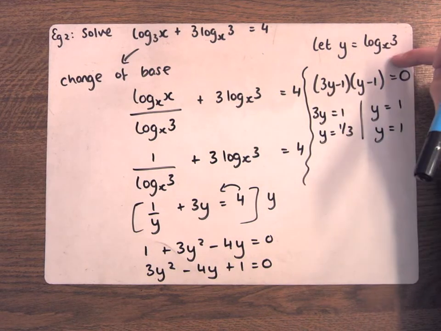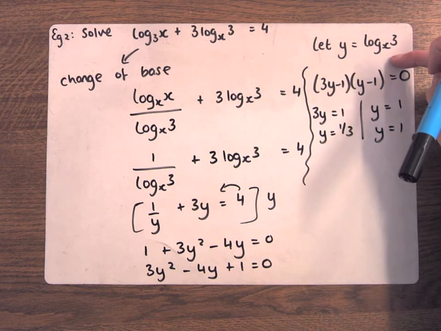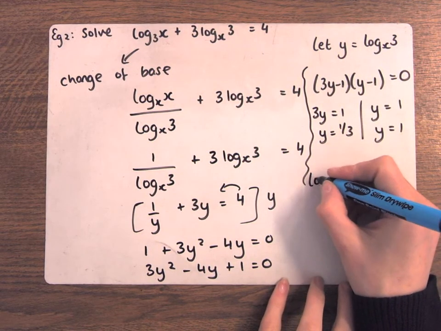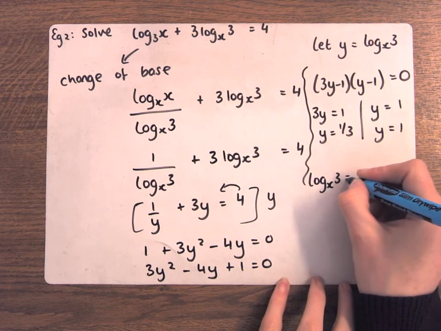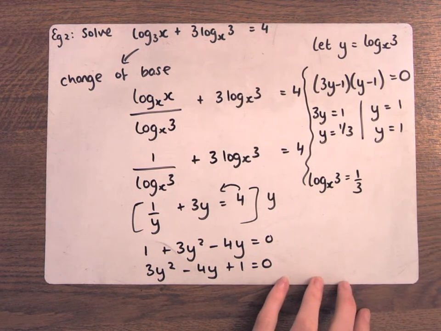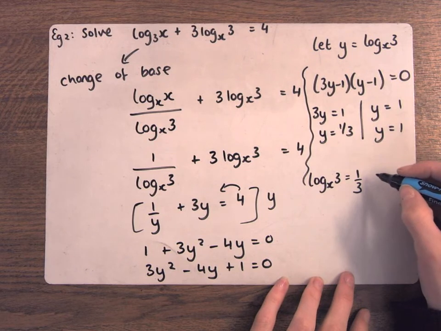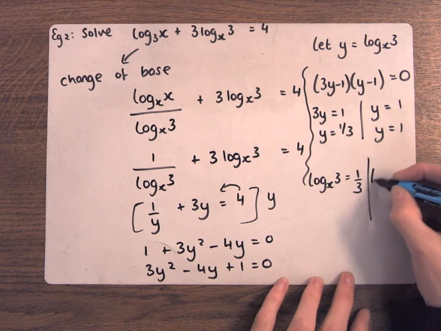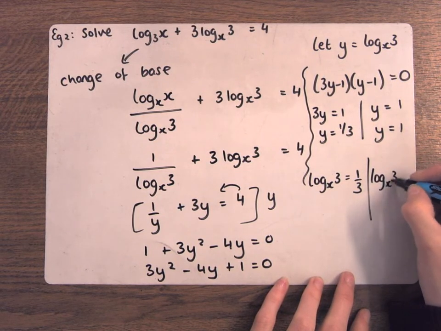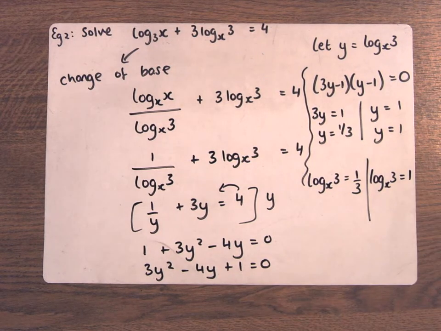You said y is this thing. Log to the base x of 3 is a third. And log to the base x of 3 is 1.